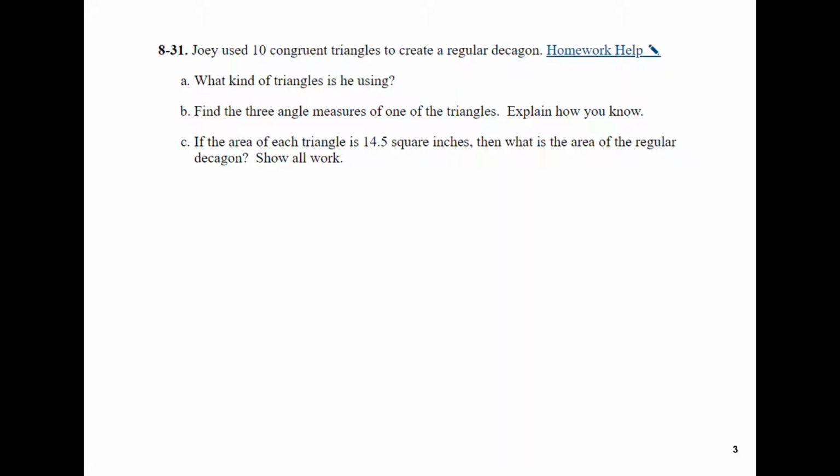Joey used 10 congruent triangles to create a regular decagon, which is a 10-sided figure. What kind of triangles is he using?